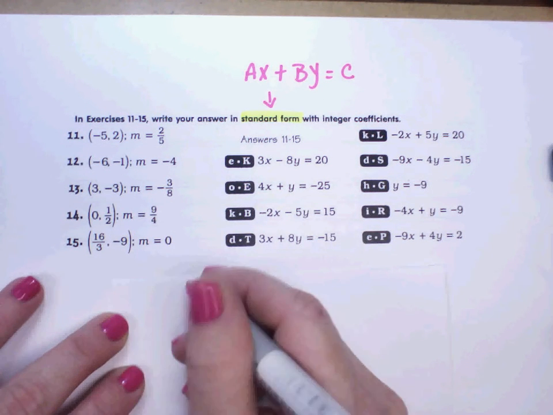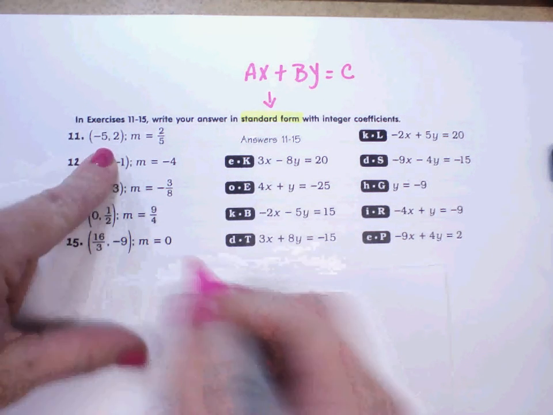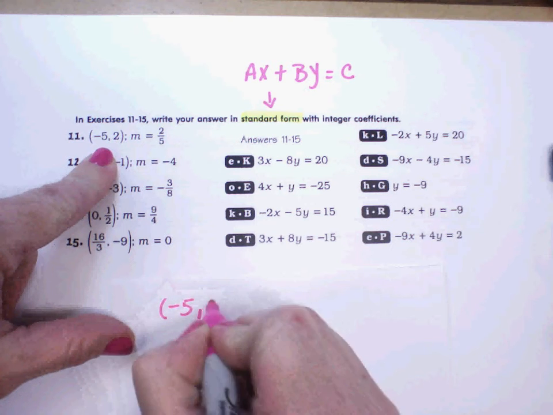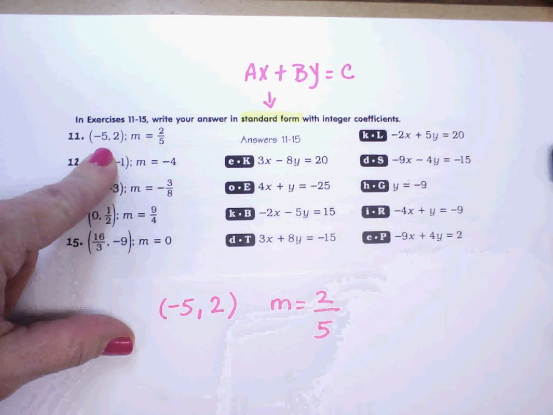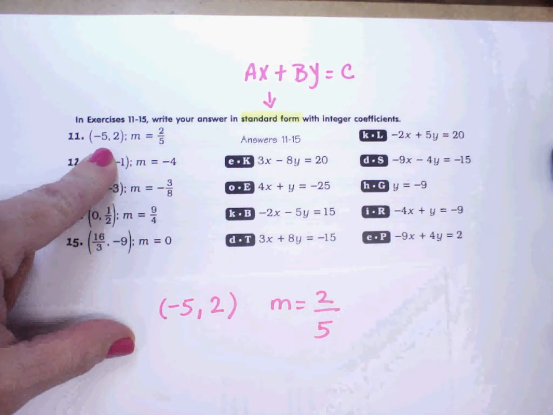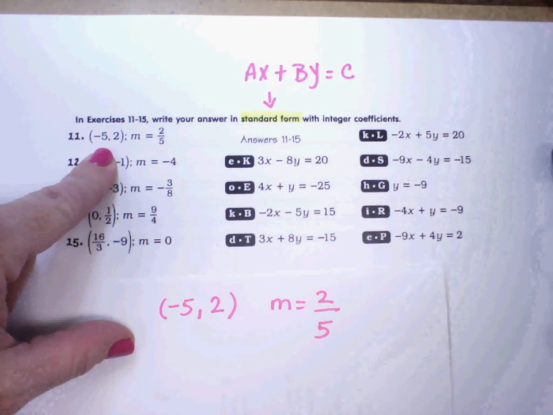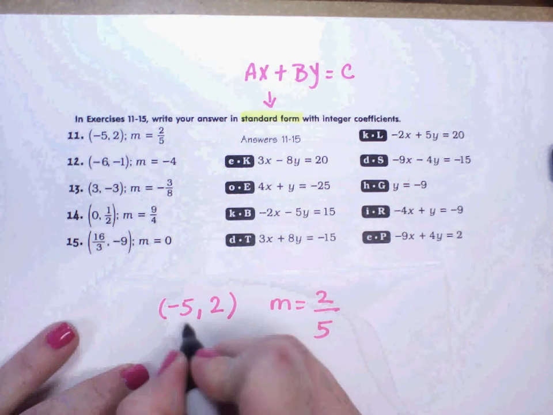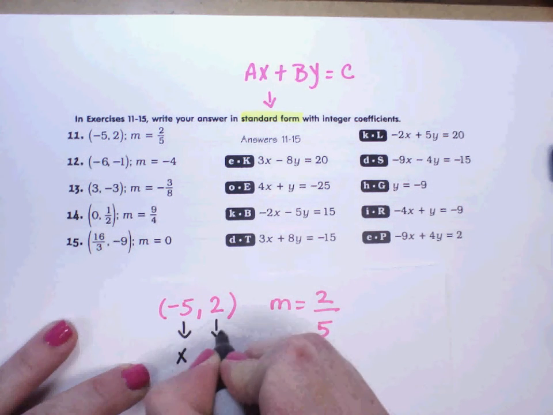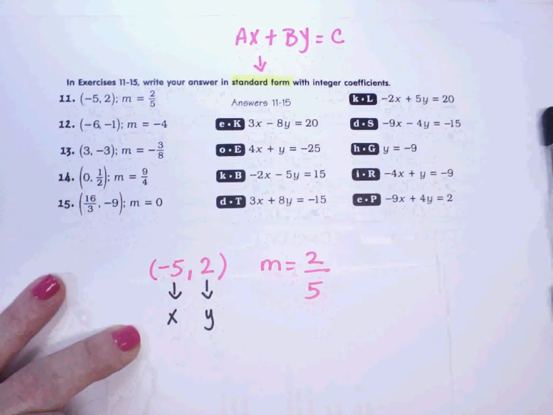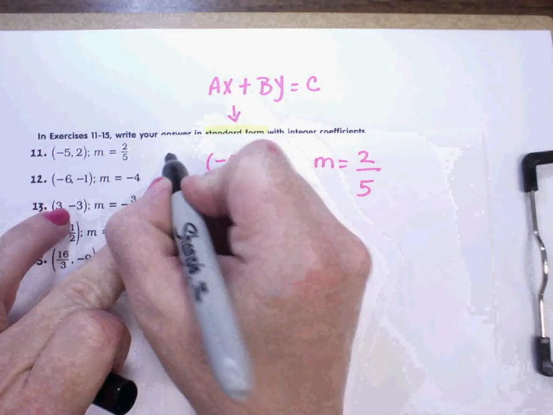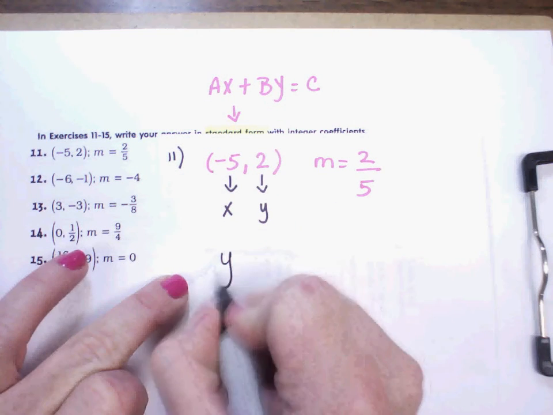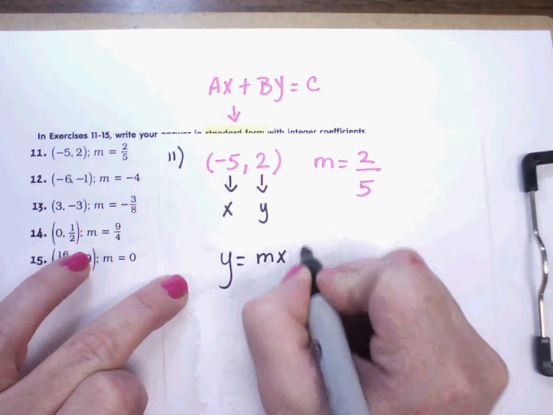So the first one says it goes through the point (-5, 2), and it has a slope of 2/5. All right. So the first thing that I notice is that I have an x and I have a y. Now, what do I know? I'm doing number 11. I know my slope-intercept form.